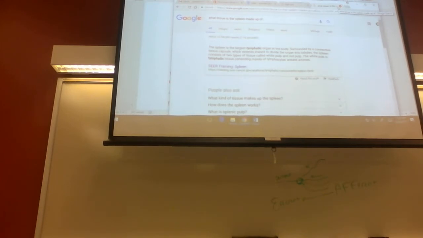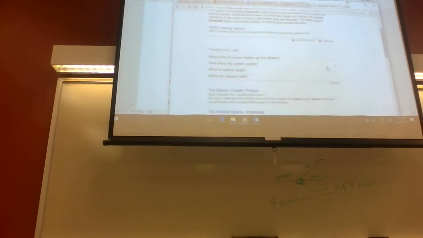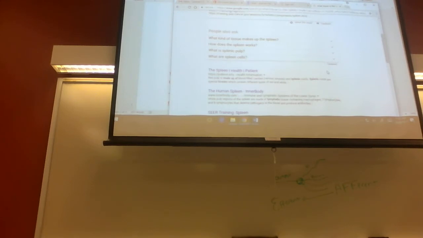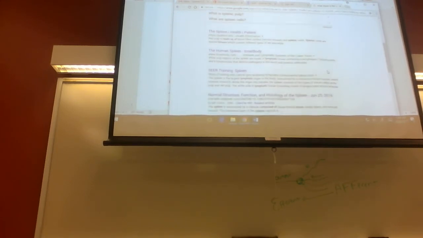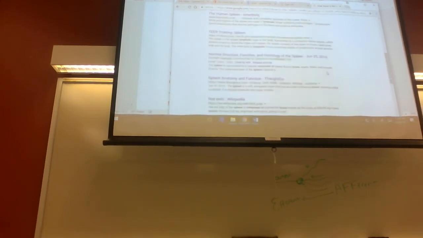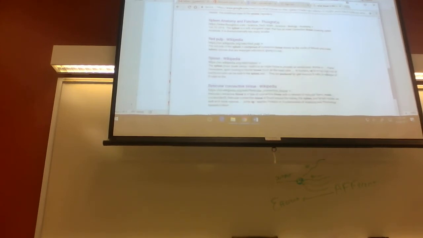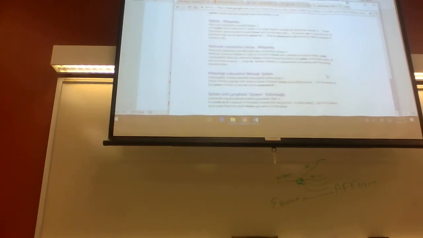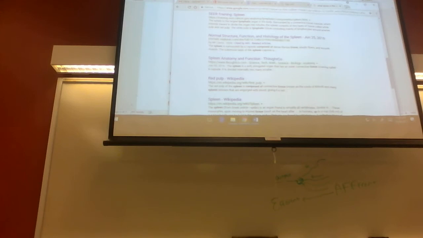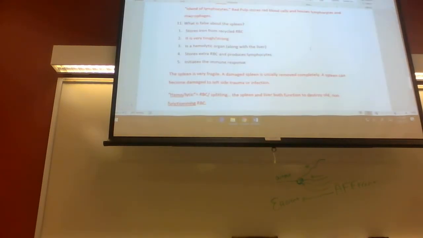White pulp and red pulp. It's a certain, I think it starts with an E. I mean, it has connective tissue, but it's also like, oh well, I can't find it. But if you see it in your reading, it's very fragile.